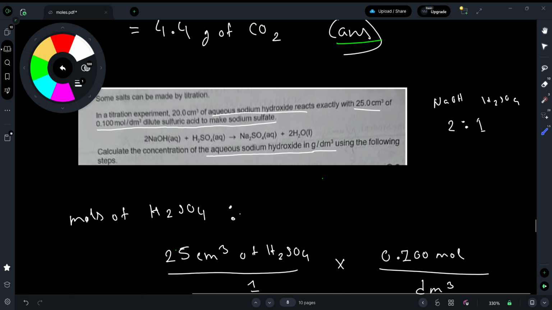So that is our moles of sodium hydroxide, and we reacted 20 cm³, that's the volume of sodium hydroxide. So you had 0.005 mole per 20 cm³. This is the concentration of sodium hydroxide.